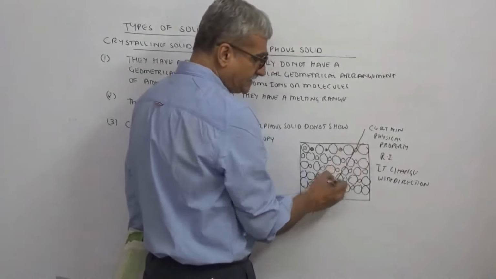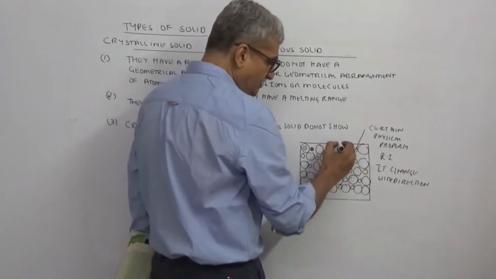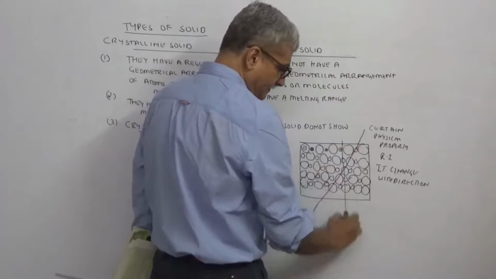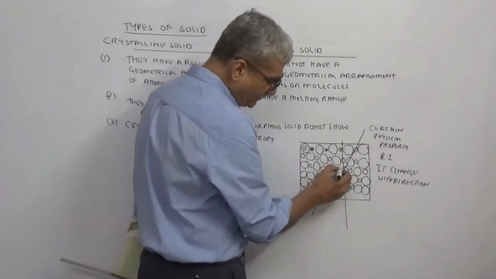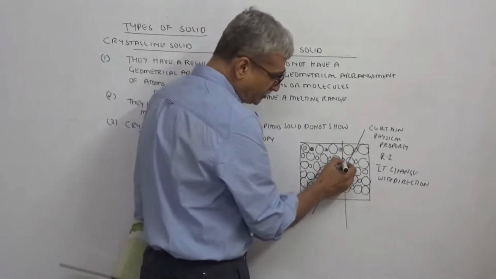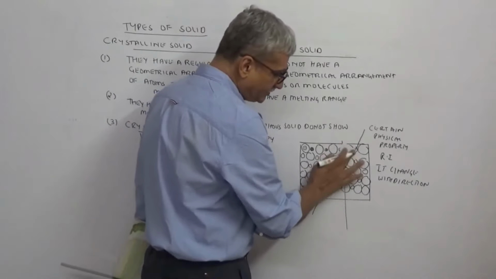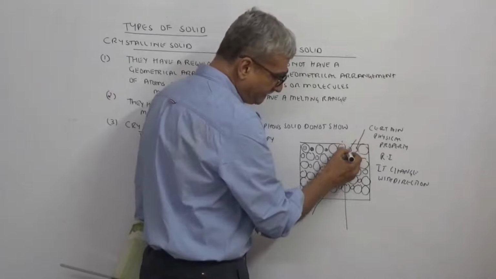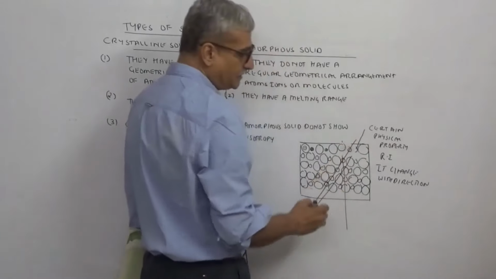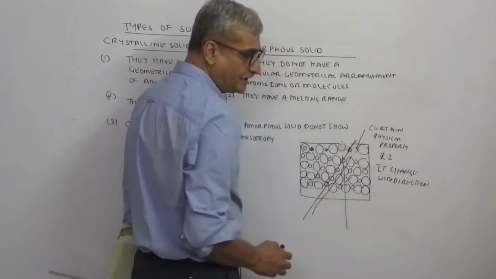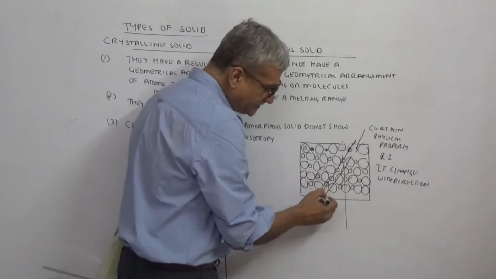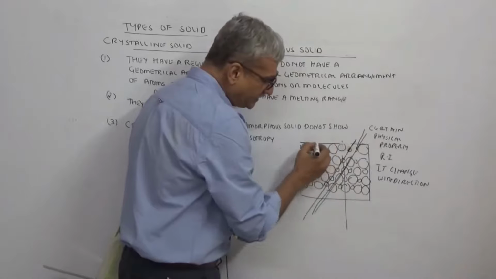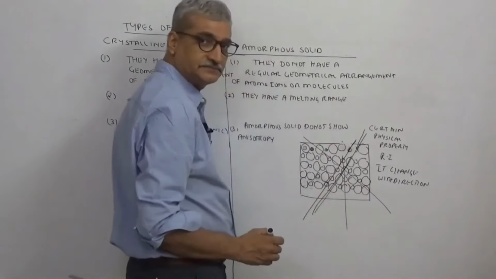so cation and anion come like this. And suppose we have another angle like this. Here, if you look at the crystalline structure, we can have, suppose, cation. So here you can see in this direction it is only hitting the cations, and in this direction it is only hitting the anions, and in some other direction it is hitting the cation and anion.